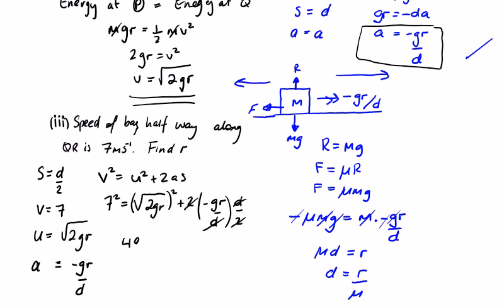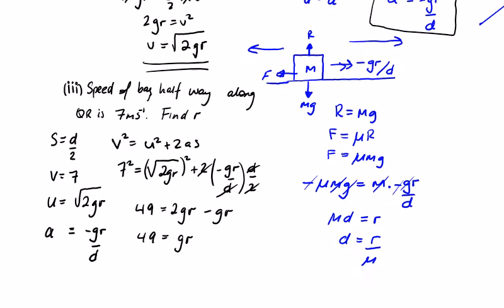So we're going to get 49 is equal to 2gr minus gr. Okay, 49 is equal to gr. This works out quite simply. So r is 49 over g. And there's a relationship between 49 and g. r is equal to 49 over 9.8, which is 5, isn't it? r is equal to 5 meters in this case.